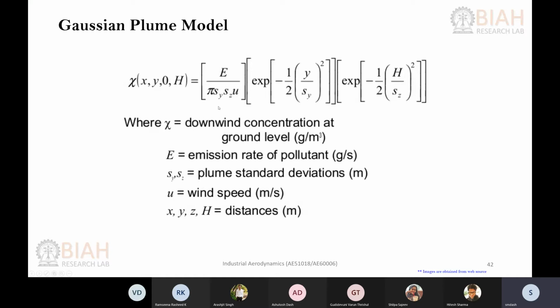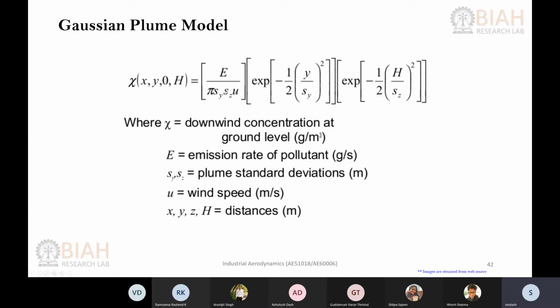Okay, so yes, now this is the formula, pretty straightforward to find out the concentration level at any height and at any distance x. So once we do a numerical on this, it will be clearer how you are going to actually find out the concentration. So I have a numerical subsequently.